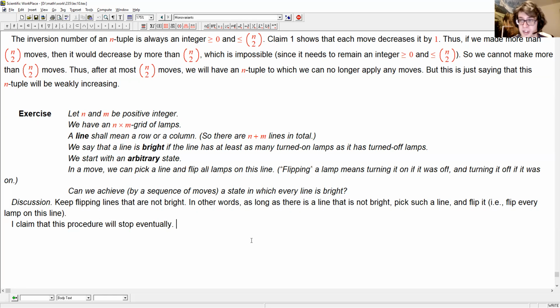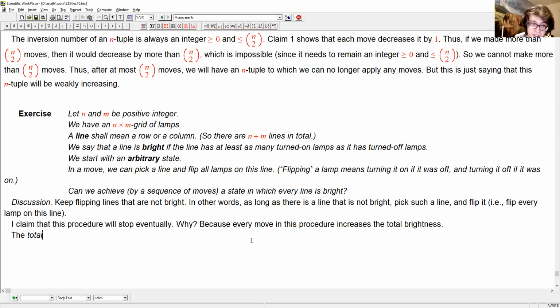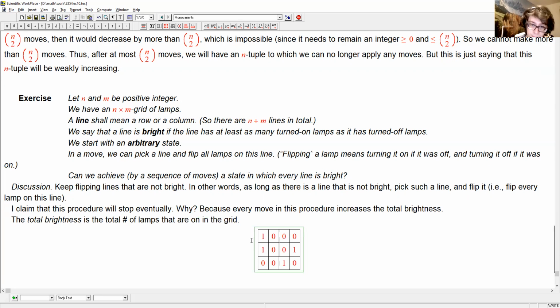However, I claim that it will terminate, it will stop. Why? Because every move in this procedure increases the so-called total brightness. So what is the total brightness? It is the total number of lamps that are on in the grid.